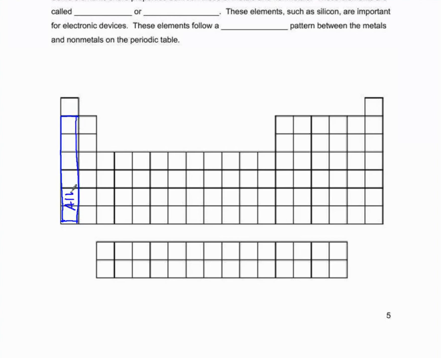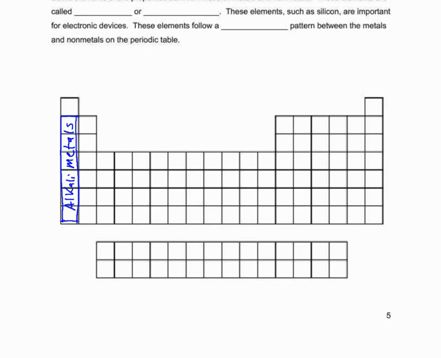So we'll label this alkali metals. If you have colored pencils or markers, anything like that, you can color code this. If not, as long as you're careful, it'll be fine if it's all in pencil.